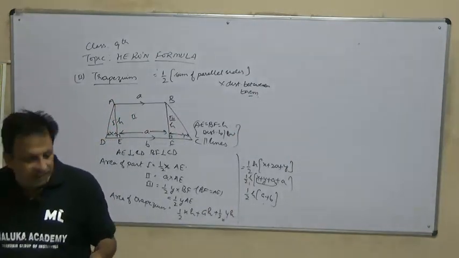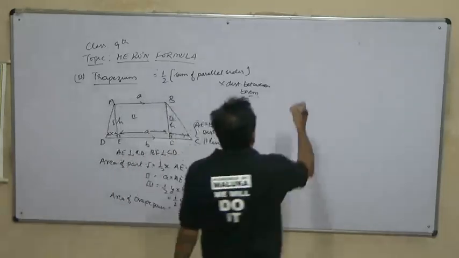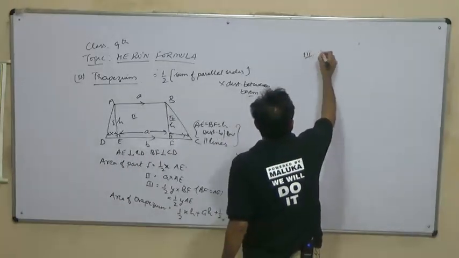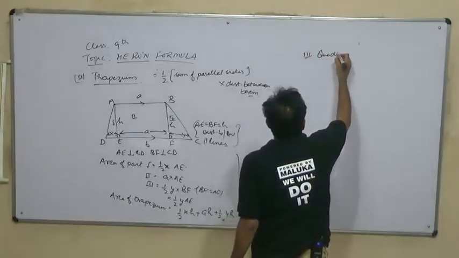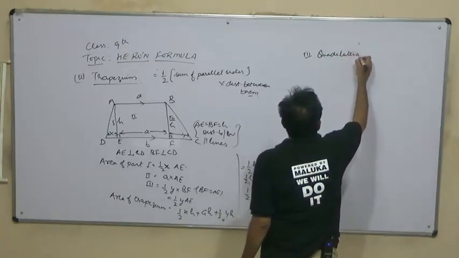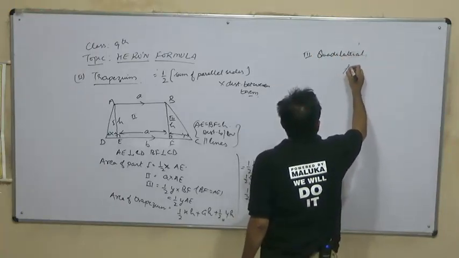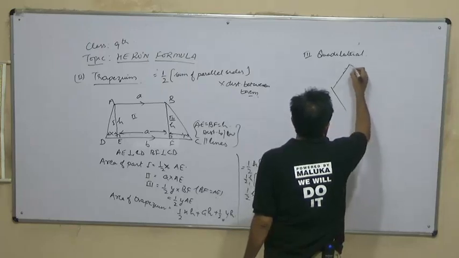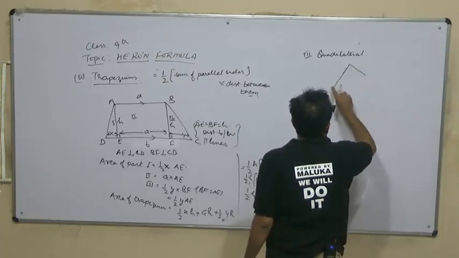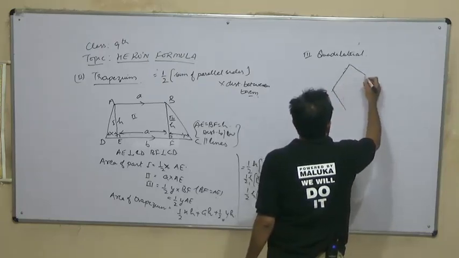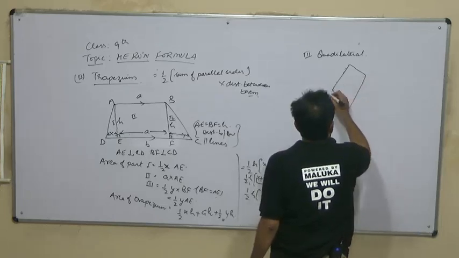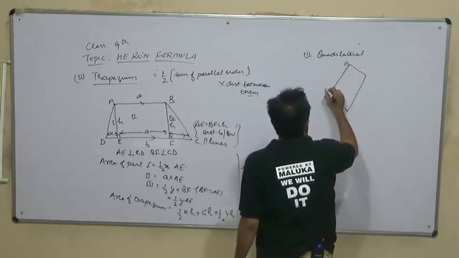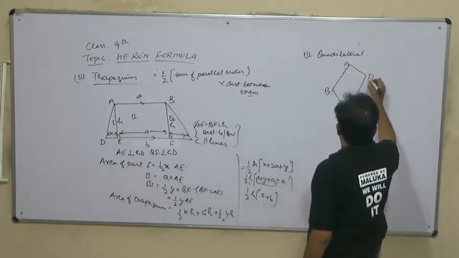Then next is the quadrilateral, the third four-sided figure. So let us assume this is the quadrilateral ABCD.